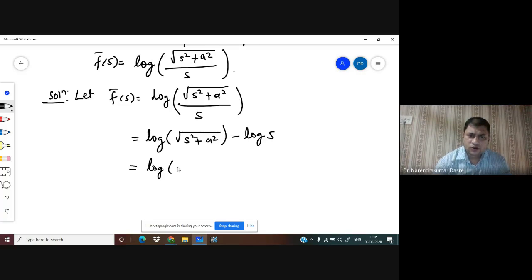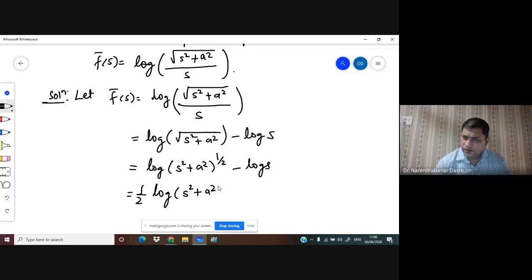So this is log of s square plus a square raised to half minus log s, or this is half of log of s square plus a square minus log s. Okay, so this is f bar of s.